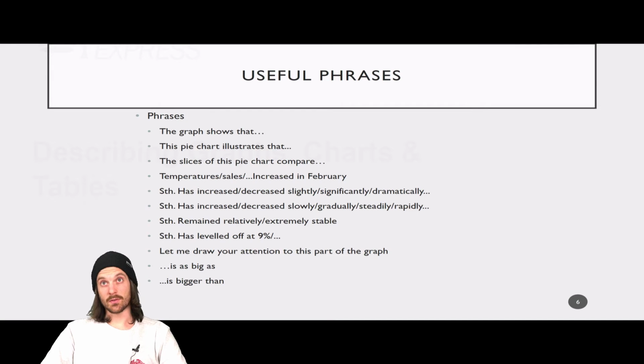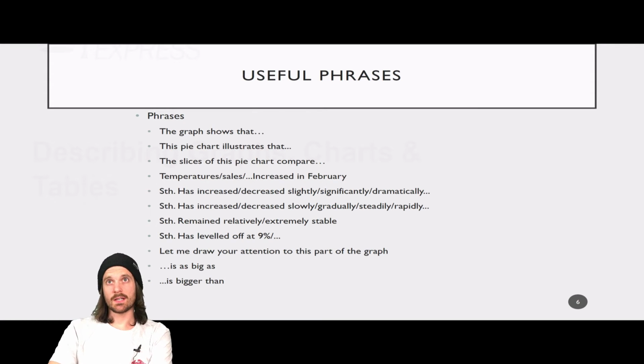Yeah. So phrases, of course, we're talking about phrases. So let's have a look at some phrases. So the graph shows that. So a very easy one to start off, maybe, or to use as a second thought or second sentence in your talk.